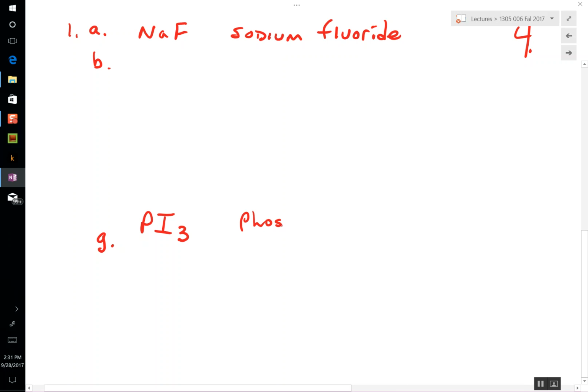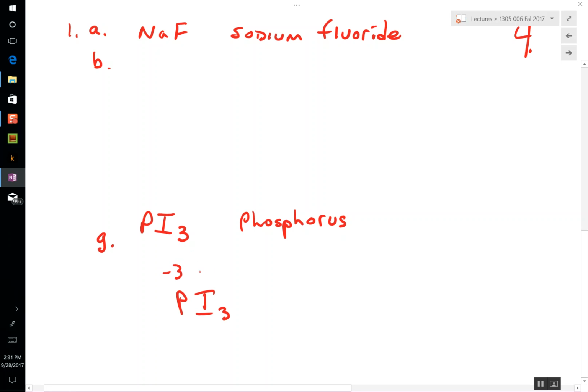So phosphorus... That's a no. That's not, because see, if we looked at that as an ionic compound, what would we be looking at? We would say, okay, phosphorus normally has a -3 charge.